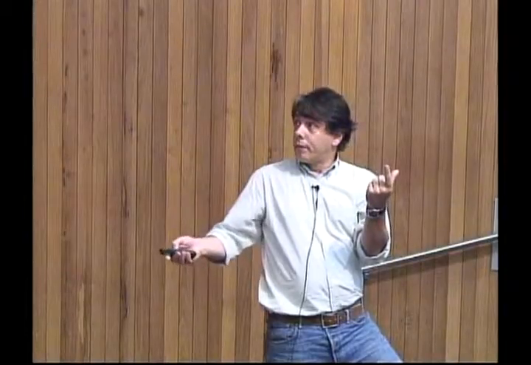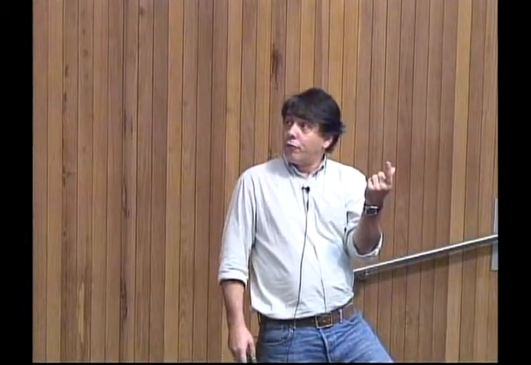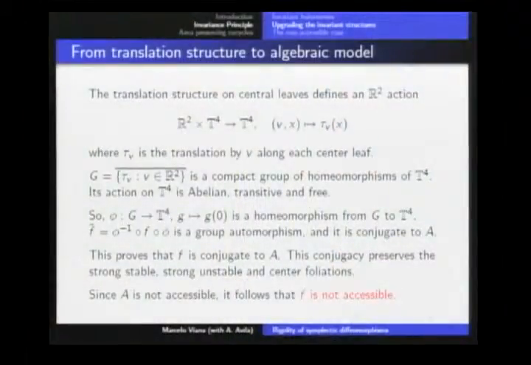Now, the conjugacy, that's also something that we proved, preserves all the invariant foliations. Now, A is not accessible. So by assuming that the exponents are 0 and F is accessible, I proved that F is not accessible.